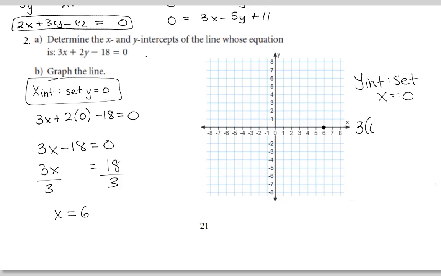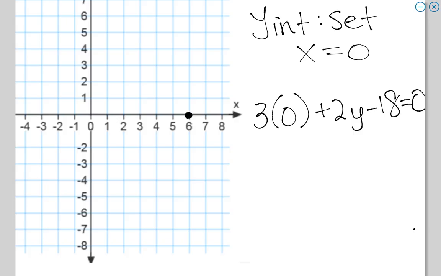So 3 times 0 plus 2y minus 18 equals 0. What's 3 times nothing? So 2y take away 18 equals 0. Without doing any algebra, what's the value of y?